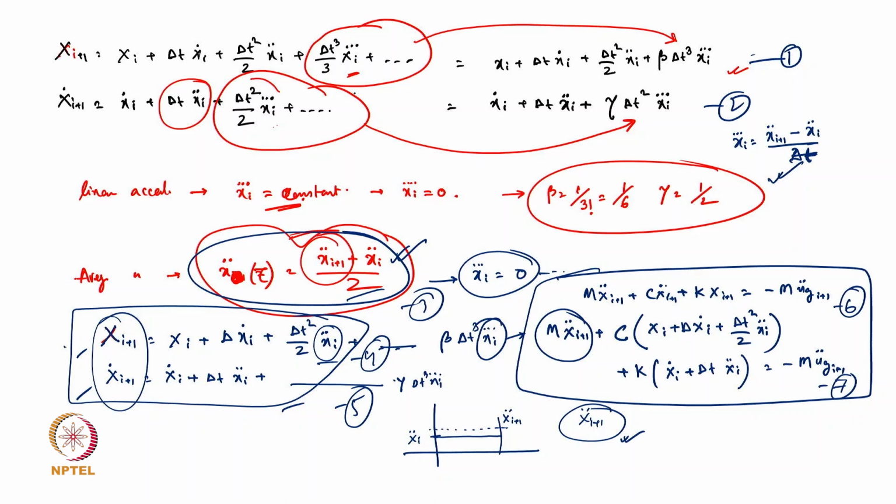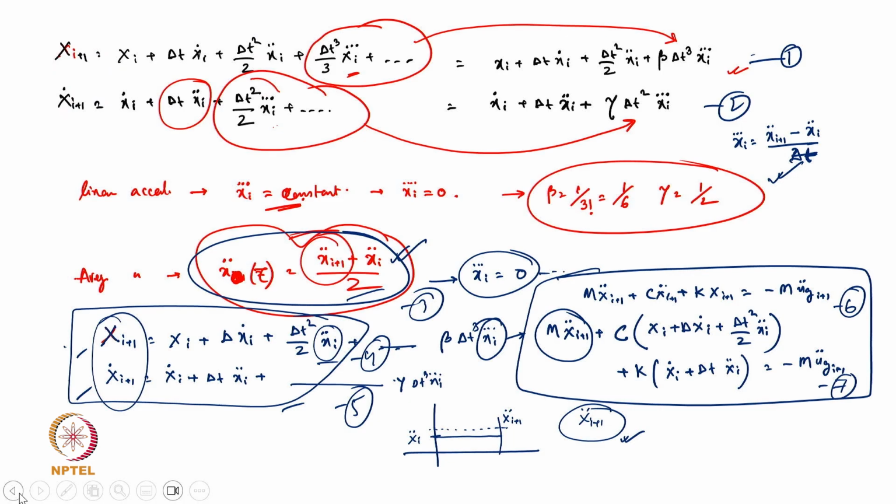So now once you substitute this value here, this will actually be 0 for the average acceleration, but for the top term you need to check how it is rearranging. So in that case, you have to use beta equal to 1 by 4 and gamma equal to 1 by 2.